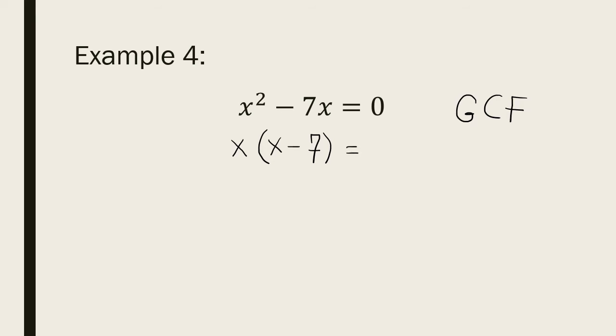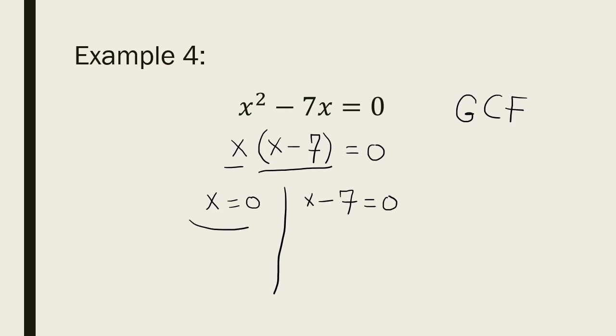equals 0. Now I have two factors multiplied by each other, and their product is equal to 0. This means that I can have the first factor equal to 0, and then the second factor equal to 0, and solve both equations. The first equation is solved for us. We have x equals 0. That's the first zero.